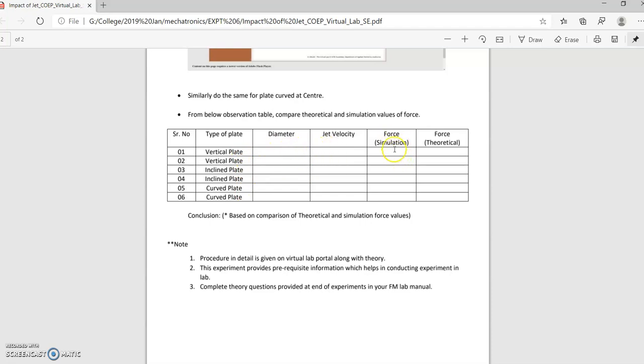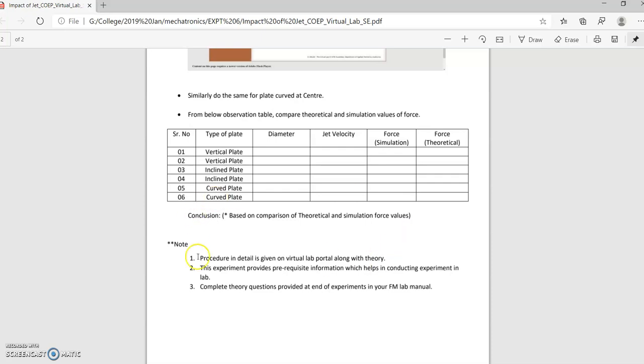Based on that you get the value of force here. Apart from that, you will have to note this value and compare it with the theoretical values. For the theoretical value, you will have to show the calculation for at least one reading here. And based on this observation and this calculation, you will have to give a conclusion.